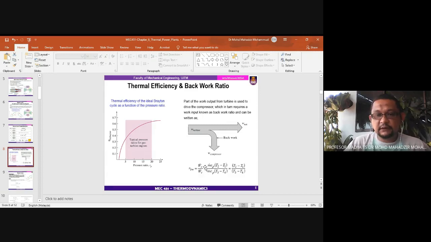As I mentioned, it is the compressor work over the turbine work. Using the equations for compressor work and turbine work, you get the equation, and to calculate the back work ratio you just use the temperatures between all the points in the cycle.